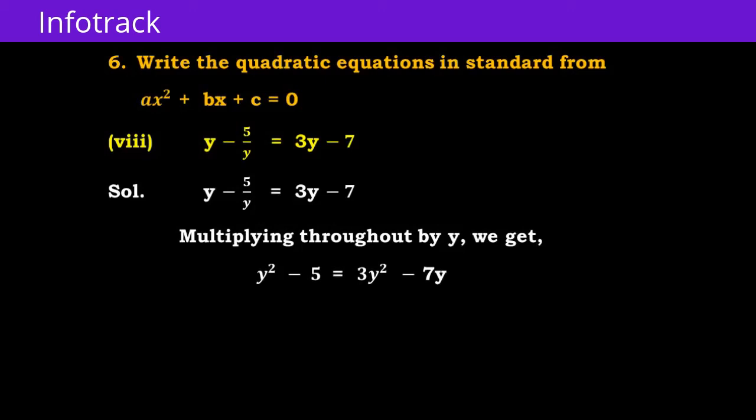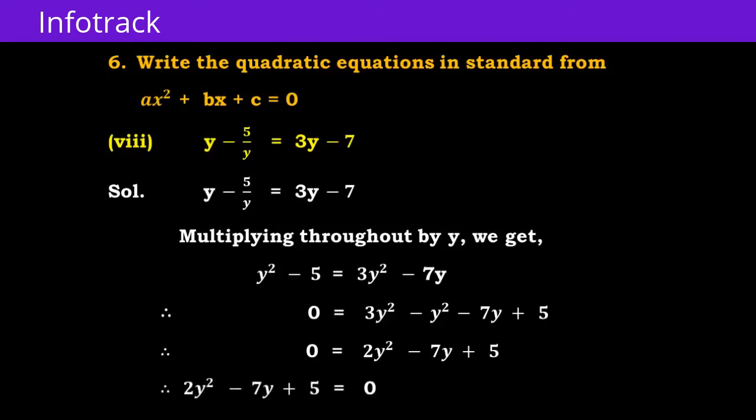One side of this equation should be 0. So 3y square minus y square is 2y square, minus 7y plus 5. So we have 2y square minus 7y plus 5 is equal to 0. That means the equation is in standard form, ax square plus bx plus c is equal to 0.